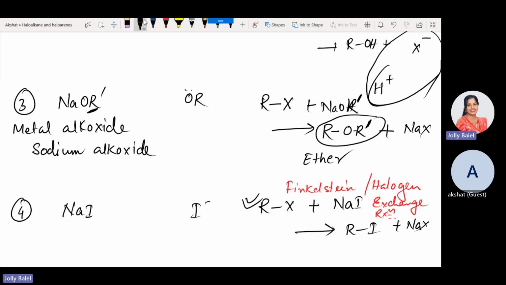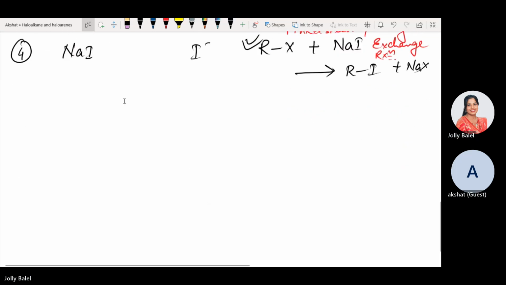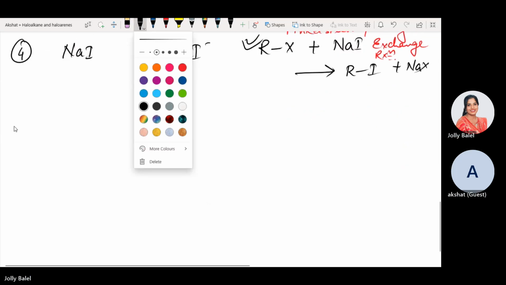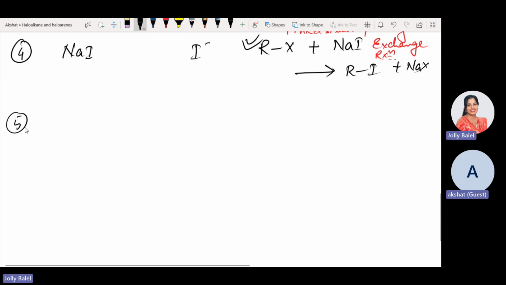Okay, next nucleophile, NH3. We have discussed it a few minutes back. Now nitrogen will donate electrons from its lone pair as it is a neutral nucleophile.